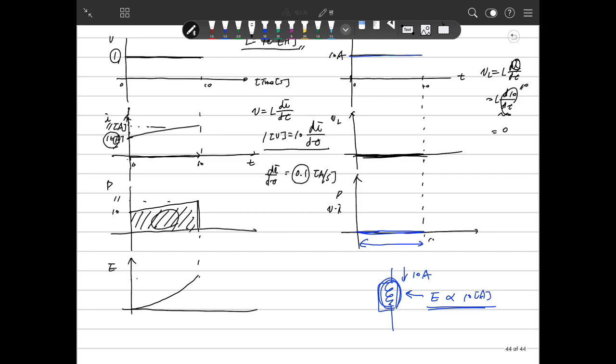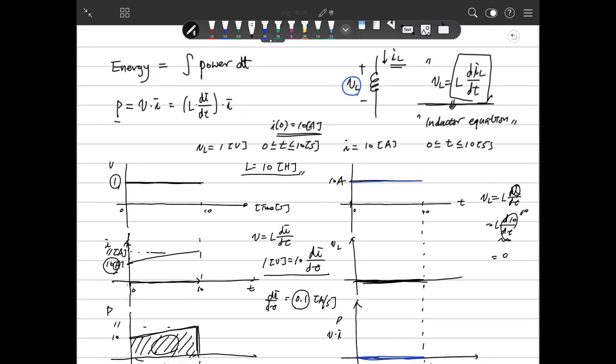So this area will be, this is 10, and the area is 10.5 multiplied by 10, which is 105. The unit of this is joules. This is the total energy for this period. That means for 10 seconds, the energy stored in the inductor is 105 joules.